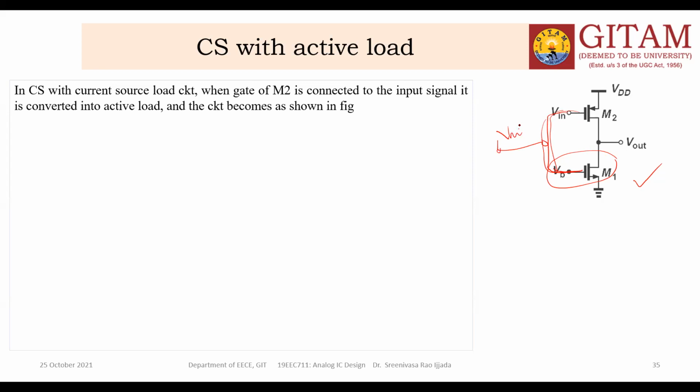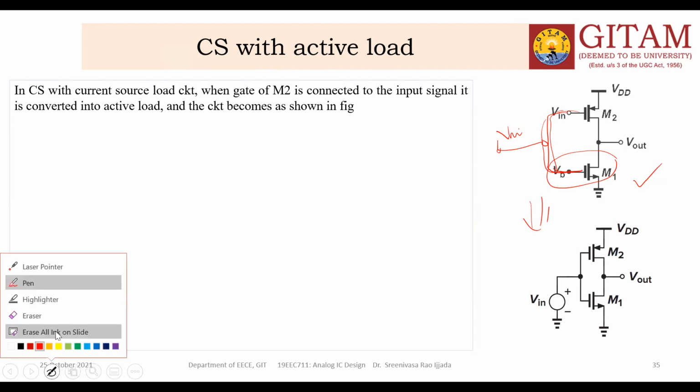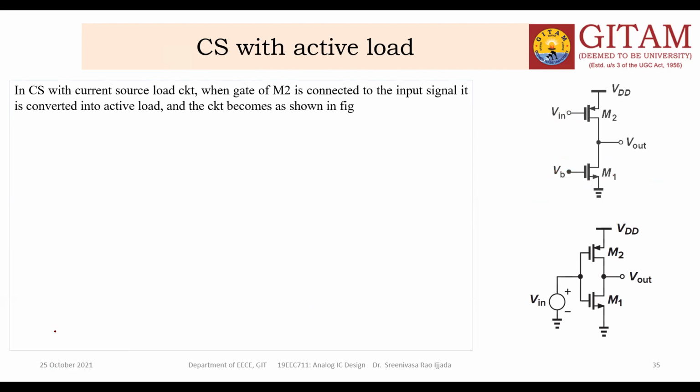Then you can say this is the active load. After changes, the circuit becomes like this. Both gates are tied together and the input is applied to that. This circuit is simply a CMOS inverter, which I think is very familiar to you.